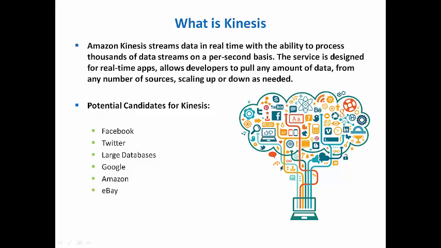So let's begin with talking about what is Amazon Kinesis. Amazon Kinesis is an AWS product that is used for processing or analyzing large amount of data through streaming, and specializes in visualizing that data.